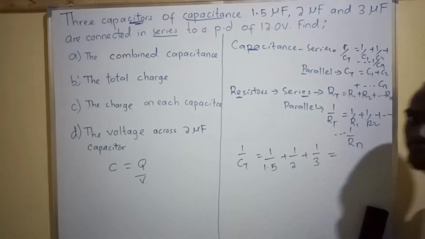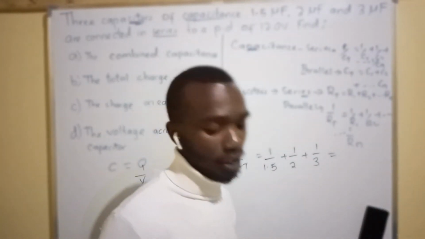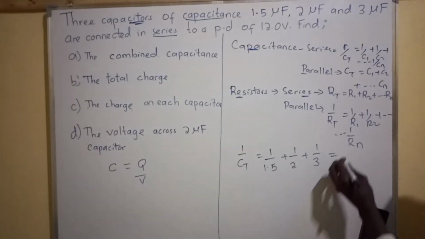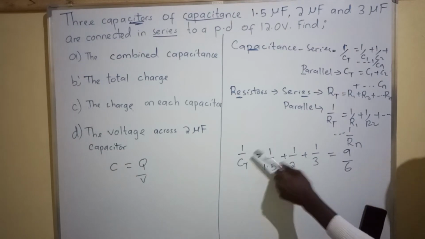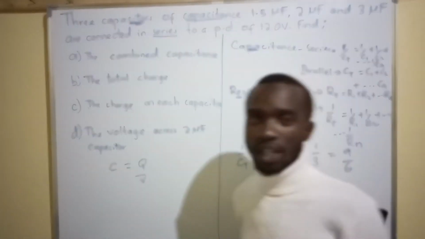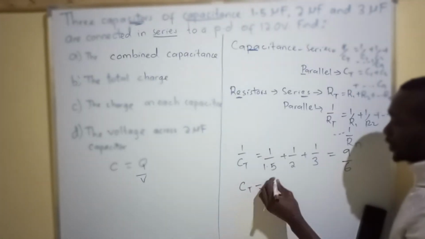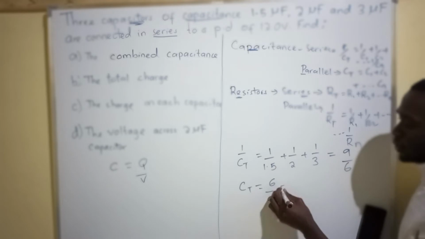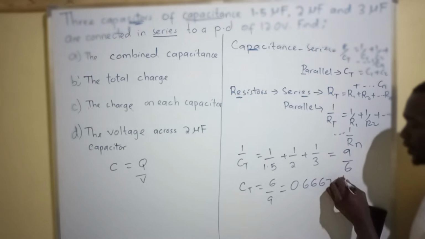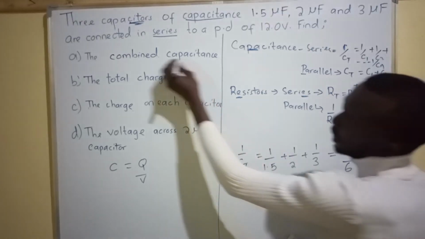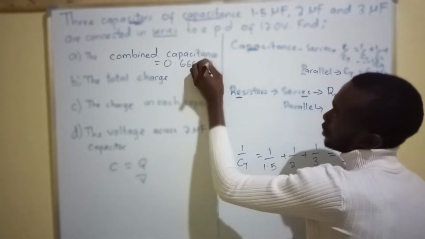When you solve that, it will give you 9 over 6. So this 9 over 6 represents 1 over Ct. It means that Ct, the effective capacitance, is 6 over 9, which is equal to 0.6667 microfarads.